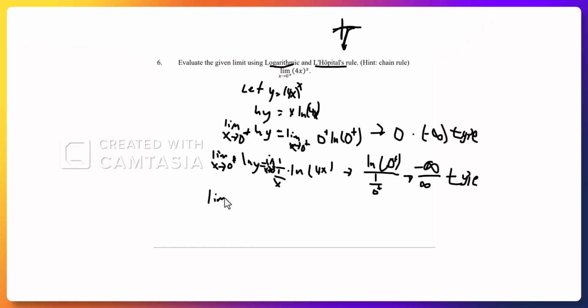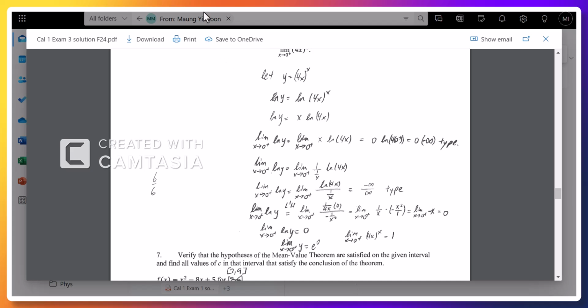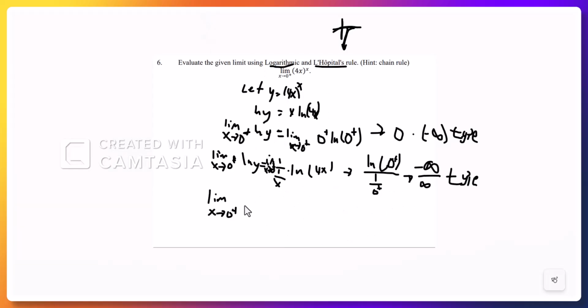So we can't forget the limit of the natural log of y. Since it's coming from the right side, we do ln of y equals, by L'Hopital's rule, the limit as x approaches 0 from the right side.